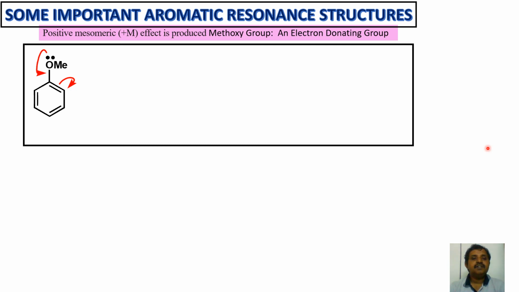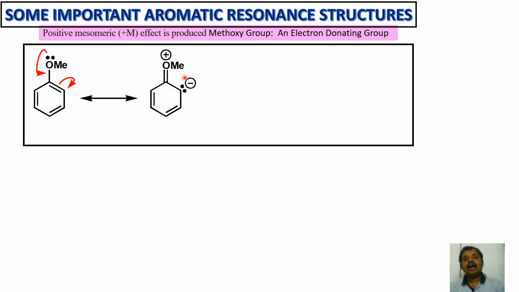That is, it shows positive mesomeric effect, that is plus sum effect. Now you can see the arrow marks: the lone pairs are forming a double bond, and this double bond undergoes cleavage in this form. When the lone pair is involved in pi bond formation, the electronic movement takes place, so oxygen gets a positive charge as the electrons are contributed for the formation of the pi bond.